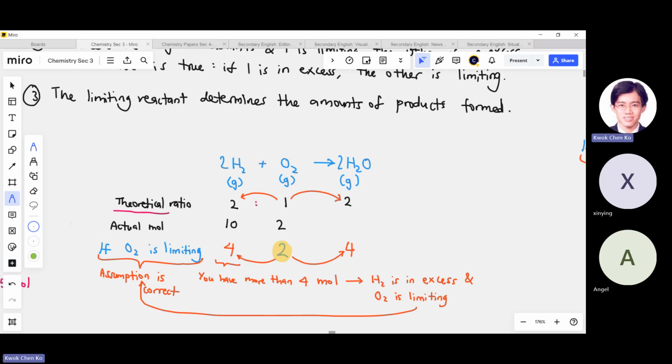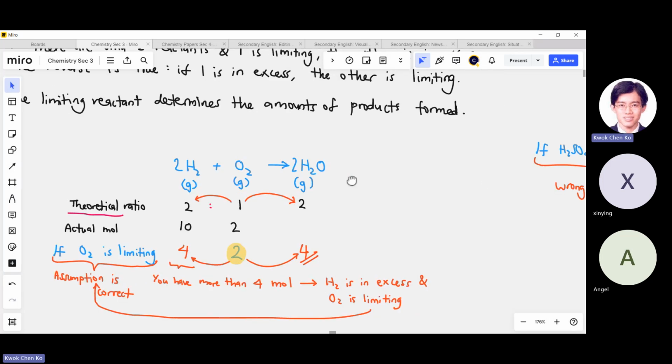So this is the amount of product I got. It's based on 2 moles of O2, not based on 10 moles of H2 because H2 is in excess, so I don't care about H2. I'm only concerned about O2. So I get 4 moles of water. This is the product I want. Anyway, there's only one product here.